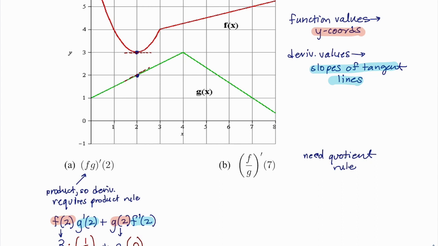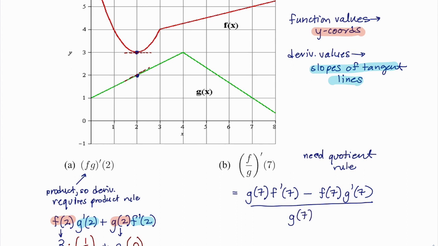which says the derivative for this quotient at a point is low, the denominator at that point, times d high, the derivative of the numerator at that point, minus high d low, divided by low squared.